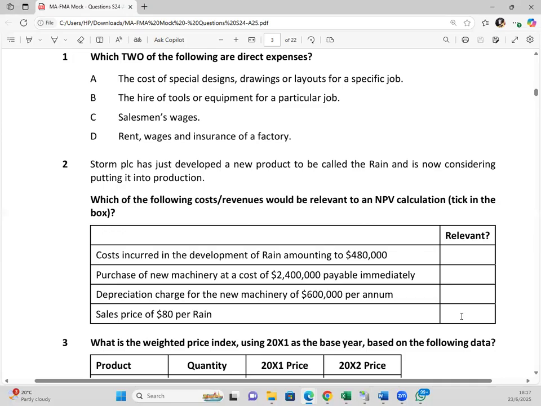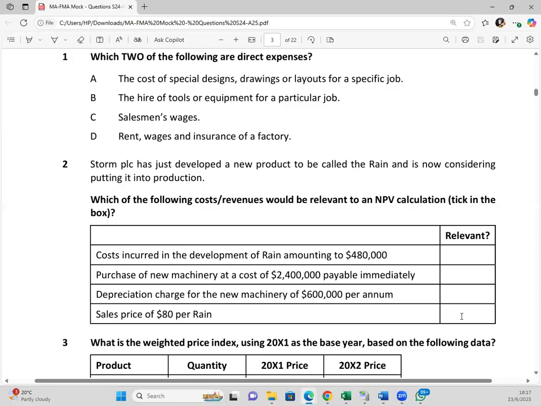Management accounting is not difficult. They just give it that buzz, but it's not a difficult subject. So remove it from your mindset that this is difficult, because it's just a matter of understanding the principles behind it. Then the rest is easy. So depreciation is not a relevant cost, being a non-cash flow cost.